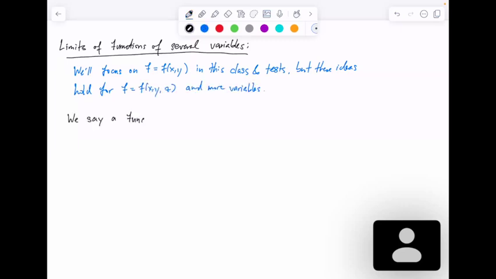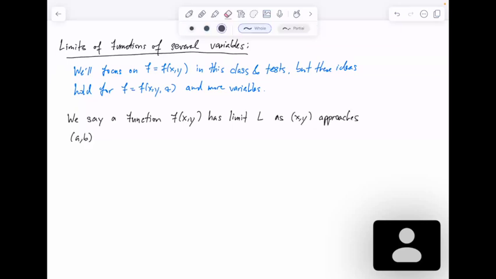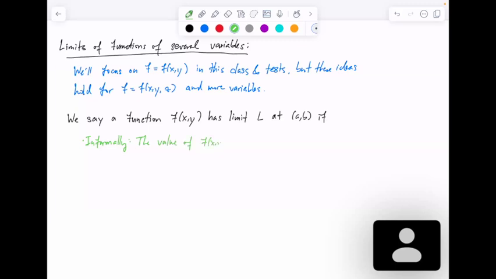We say a function f of x,y has limit L as (x,y) approaches (a,b), verbally, "at (a,b)", if the following is true, informally: the value of f(x,y) gets closer and closer to L if (x,y) gets closer and closer to the point (a,b).